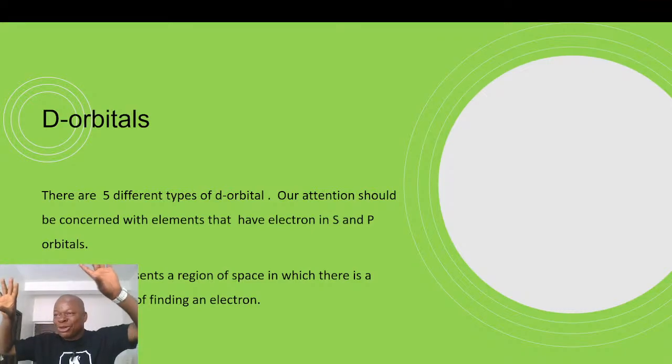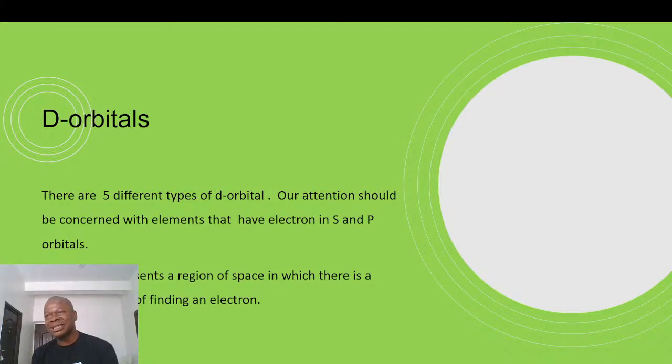But that does not mean you should not know how to draw the d orbitals. Do you understand? That doesn't mean you shouldn't know how to draw the shape of the d orbital. I'm talking about only the shape. So we have about 5 different types of these d orbitals.